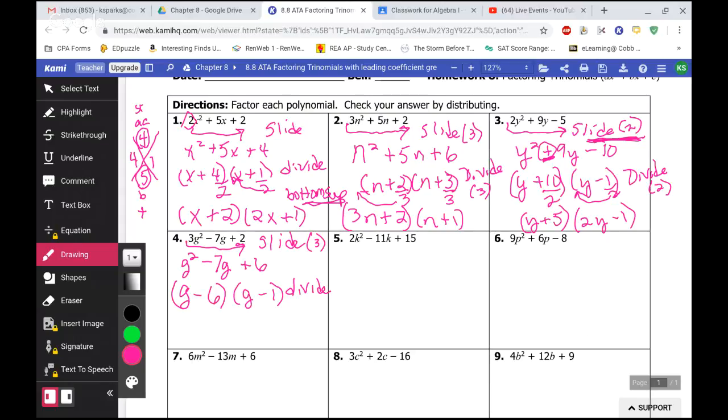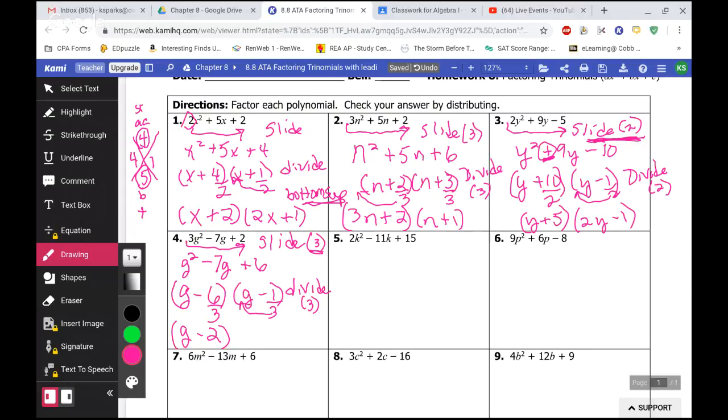All right, so now we're going to divide by what we slid down and multiplied by, which was what? 3. So divide by 3. All right, so 6 divided by 3 is 2, and that's a perfect integer. 1/3 doesn't come out to be a perfect integer, so you're going to bottoms up.